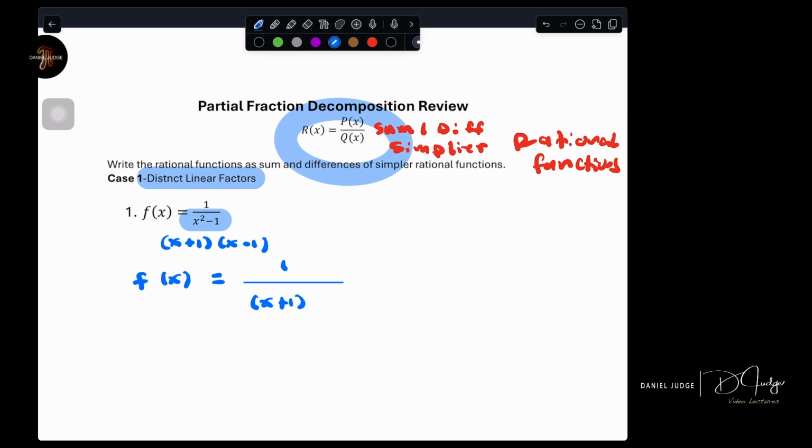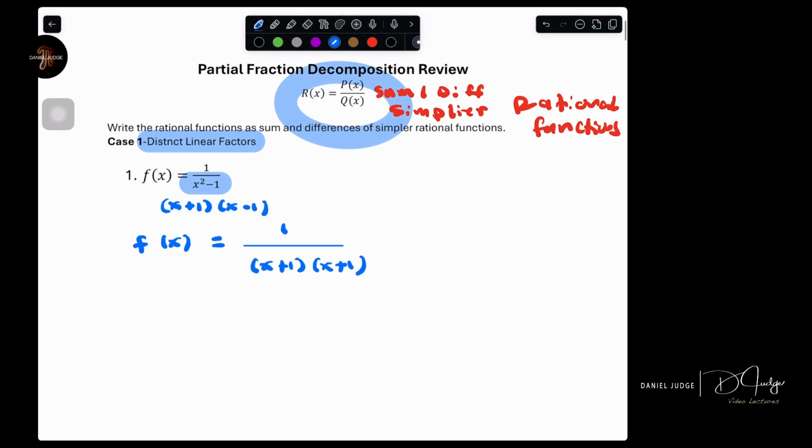So we can write this as one over x plus 1 times x minus 1, because that's what we get when we factor x squared minus 1 using algebra. Now this is what they're referring to as being distinct, different linear factors.